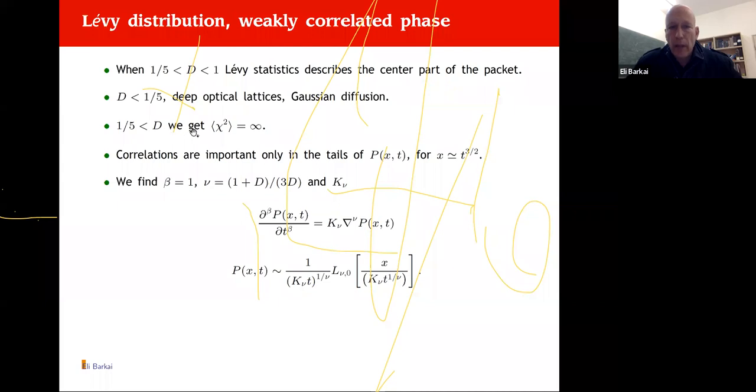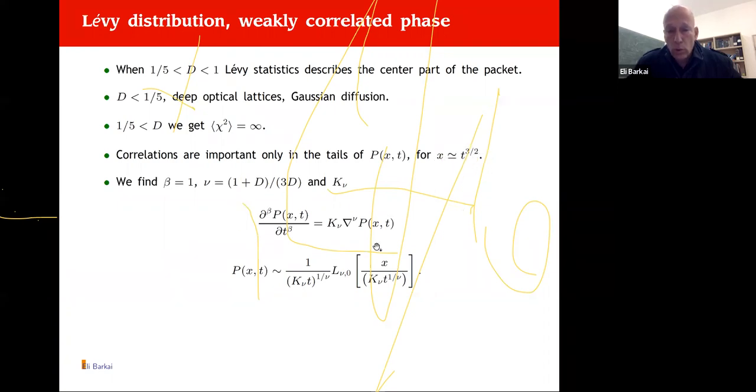If D is greater than 1, then we get this diverging thing, because the whole approach is not valid for very large positions. So what is the message? If you are in this limit, you get Levy statistics and the fractional equation for the center part of the packet, but correlations are important, but only in the tails, when x is more or less like t^(-3/2).